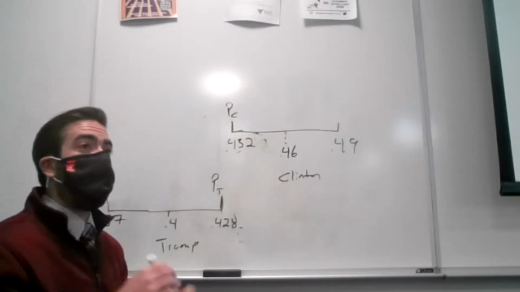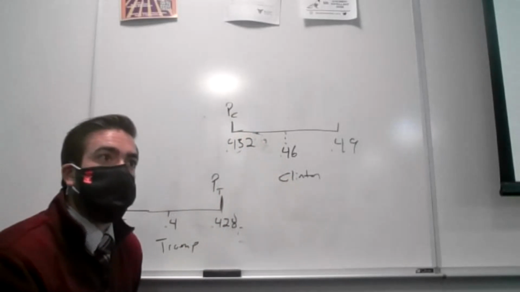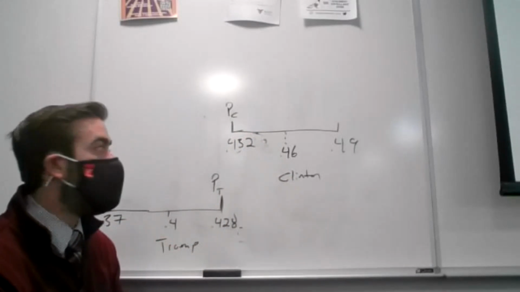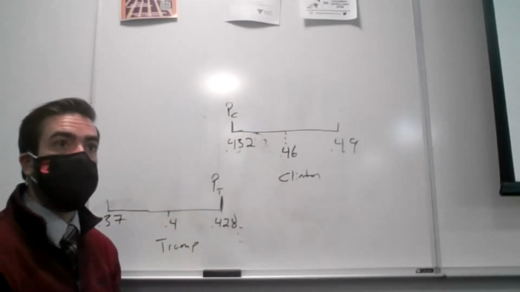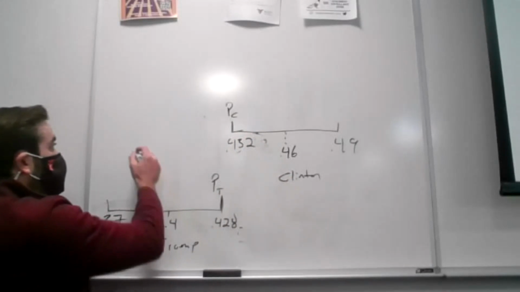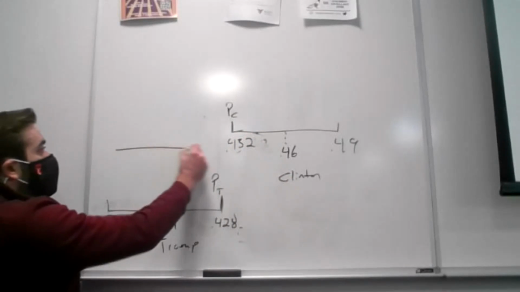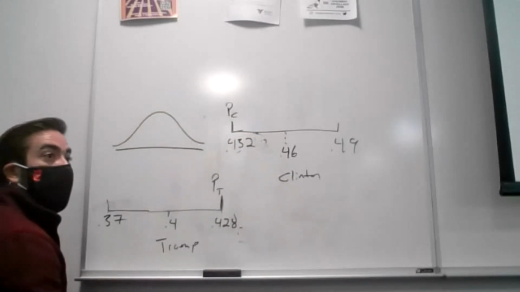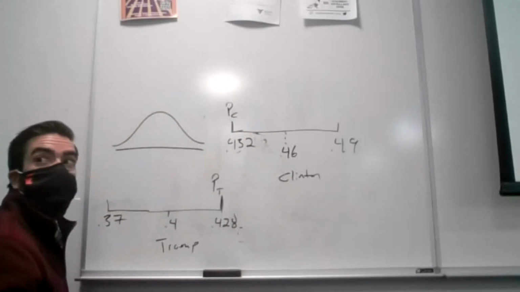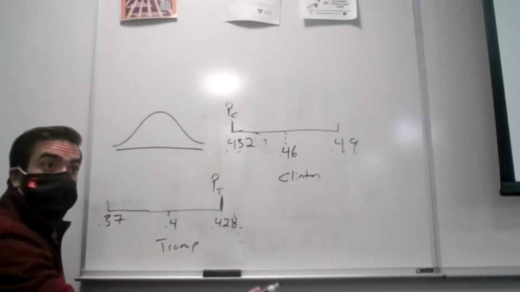Now, what happens if instead of the 90% confidence interval, I wanted to be able to say this with 99% confidence? Well, if I increase the level of confidence I want to say something with, what happens to alpha? If I increase the level of confidence, alpha goes from 0.1 to 0.01.